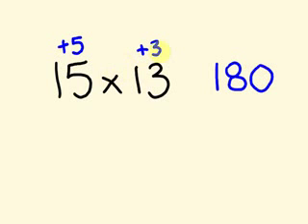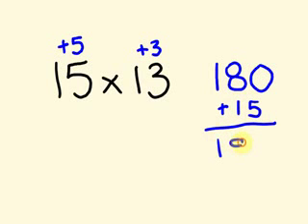So the addition part gives us our first part, and then we multiply these guys together: 5 times 3 is 15. And so we add these together: 180 plus 15 is a nice easy one you can do in your head, which is 195. I'm only writing those down mainly so we can show what's going on. I think these are really easy ones to do in your head. You see that?